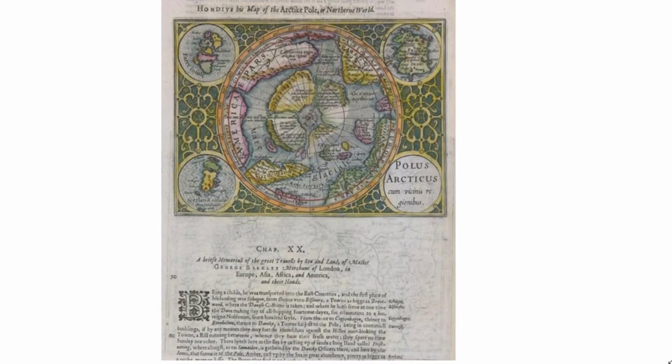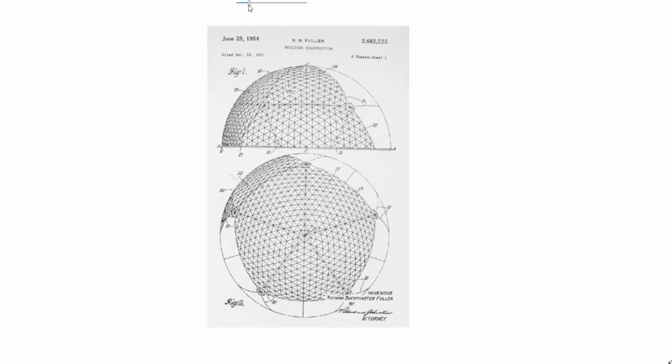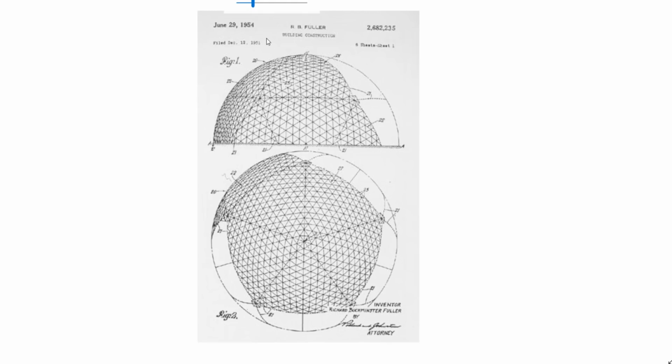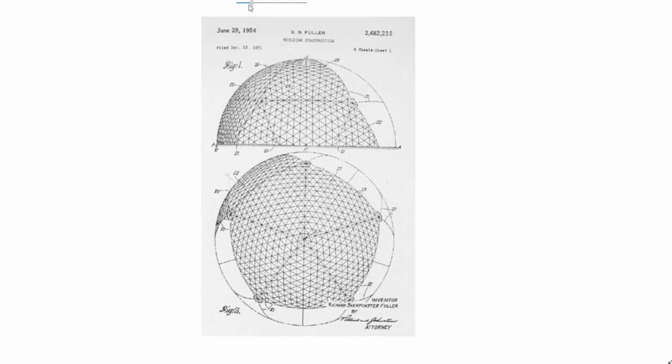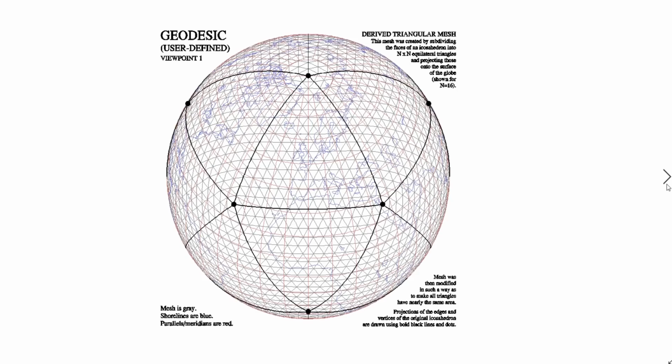This is an example of how triangles and planes can be used to create a globe model, or even construct a three-dimensional globe. So we have this kind of dome here created out of triangles. There's other ones we can look at.